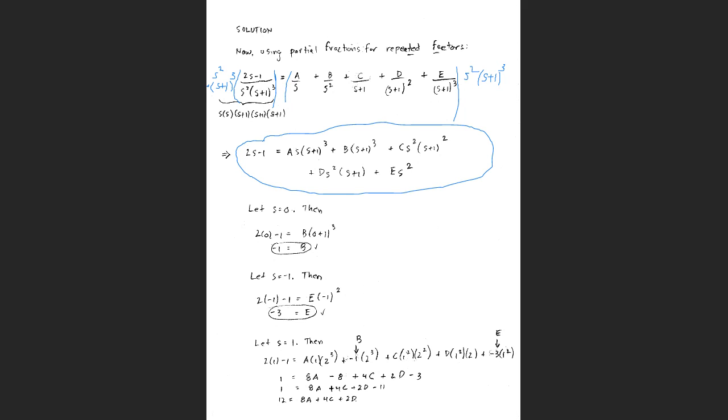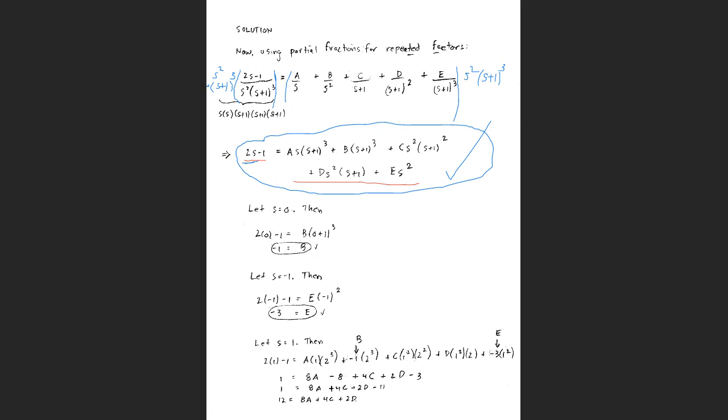I could expand out the right-hand side and come up with equations by equating coefficients from the left and right-hand sides of that equation, and that's what I've been teaching you. But there's another way of finding the coefficients that is sometimes a little easier. You can pick different values of s and then solve for the different coefficients.